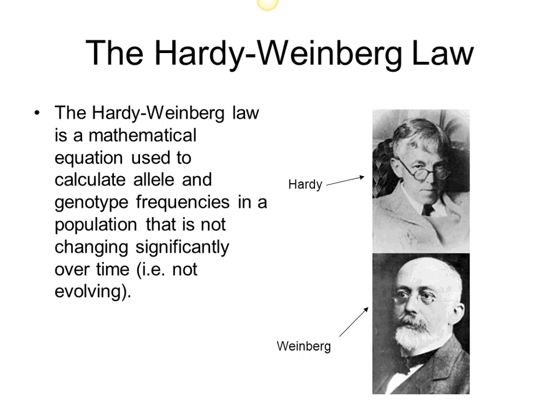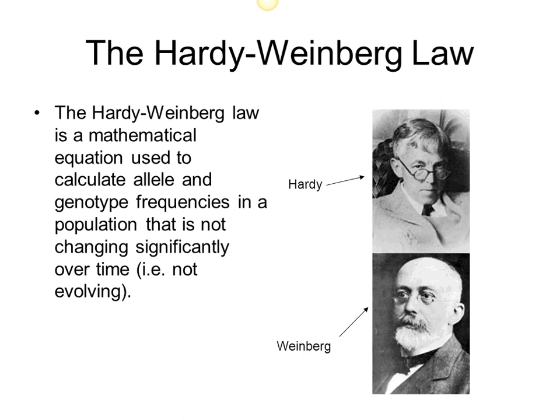But in the same year, they published or described a way of mathematically dealing with population genetics, and it became known as the Hardy-Weinberg Law, although Weinberg felt that his description was more complete than Hardy's, but in any case, both of their names end up attached to this law.